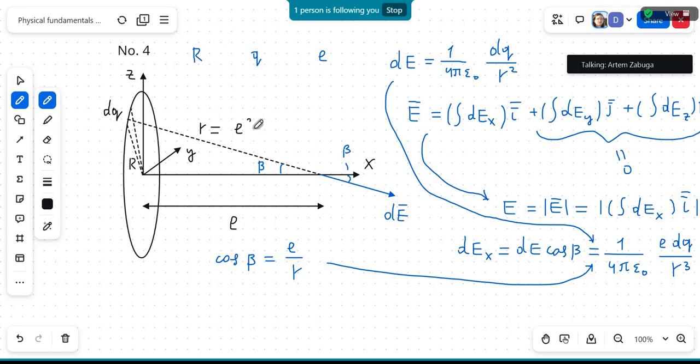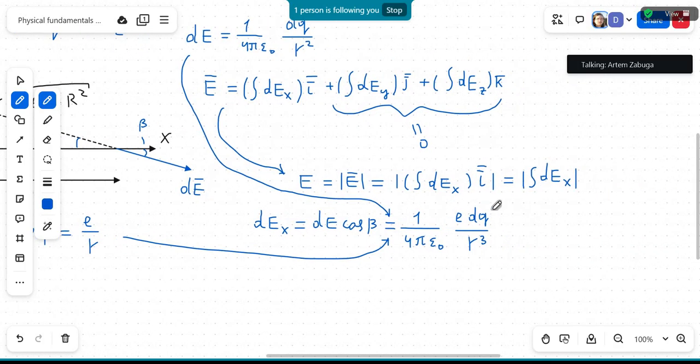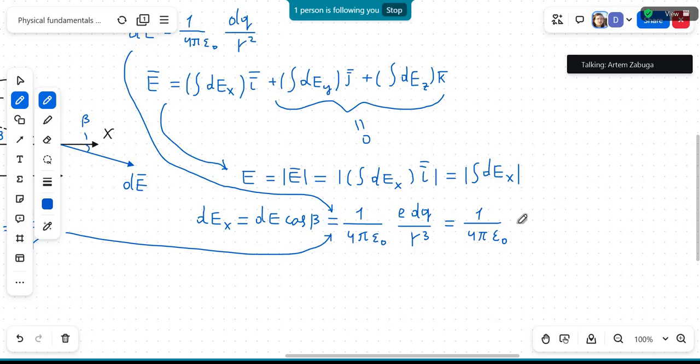Okay, and this means that here we can write 1 divided by 4 pi epsilon 0, L dq, divided by the square root of L to the power of 2 plus R to the power of 2, and this square root is to the power of 3.